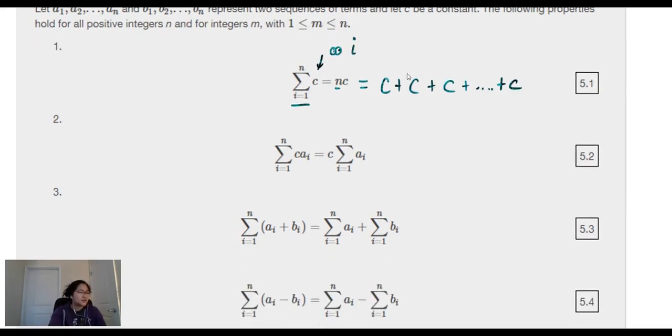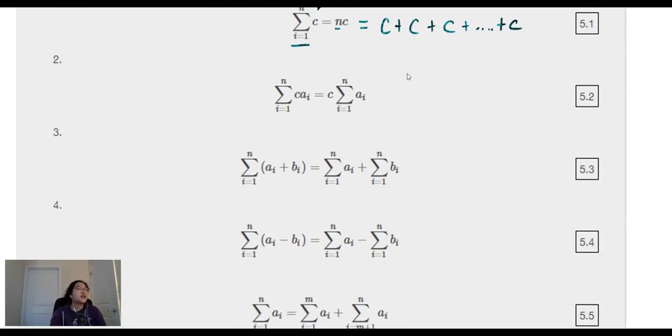So, what else do we have here? When we have our constant multiplied by our ith term, then we can actually factor out that constant and just deal with the ith term by itself, because this is like c times a1 plus c times a2 plus c times a3 plus dot dot dot plus c times an.